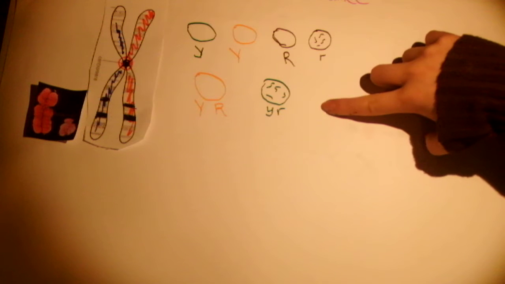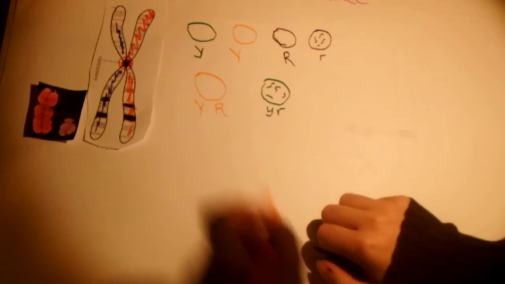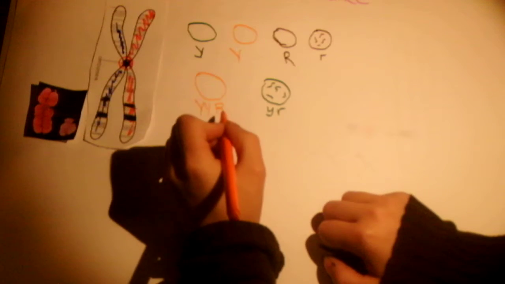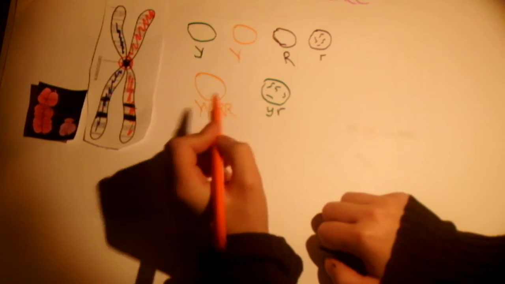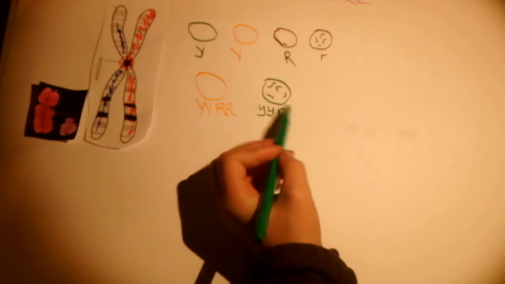So that's the parental phenotype, and then the parental genotype would be, if this is homozygous, 2 dominant alleles for yellow, and then 2 dominant alleles for round, and then you'd have 2 recessive greens, and 2 recessive wrinkled.